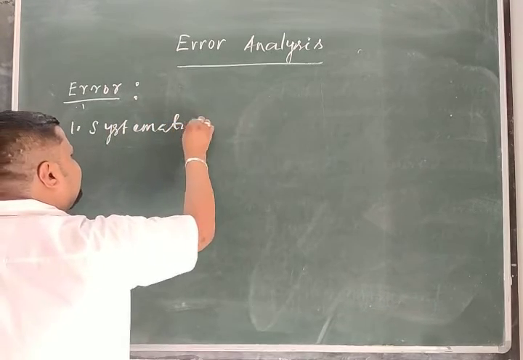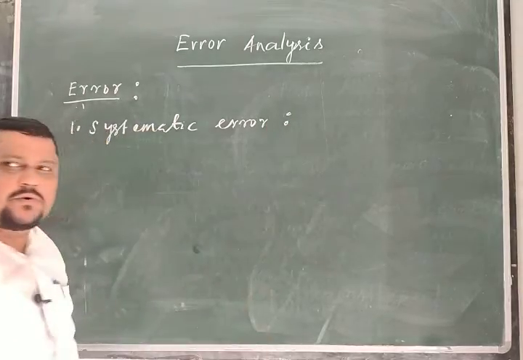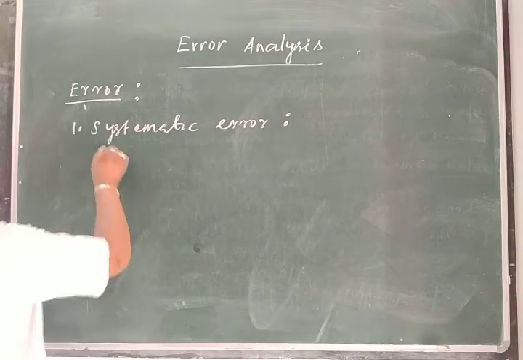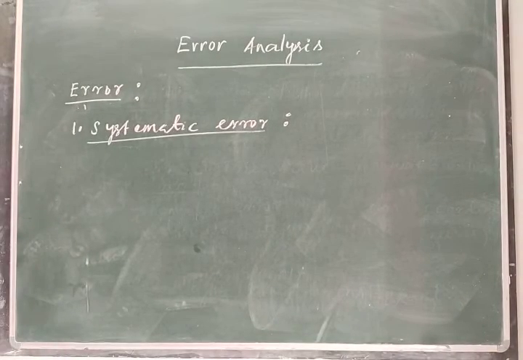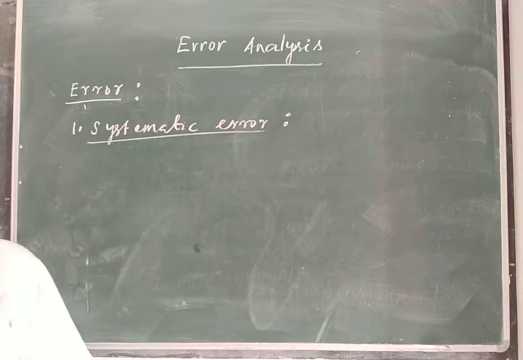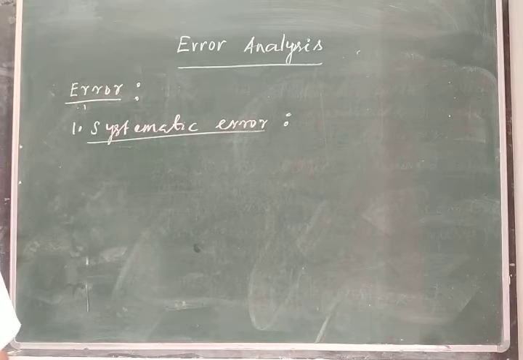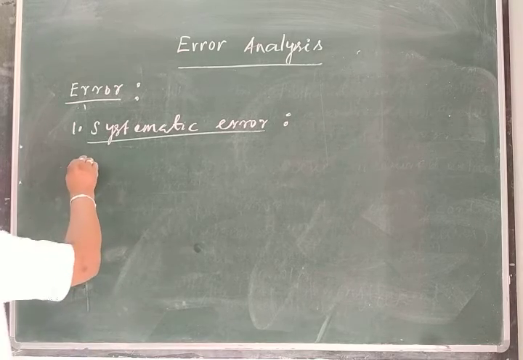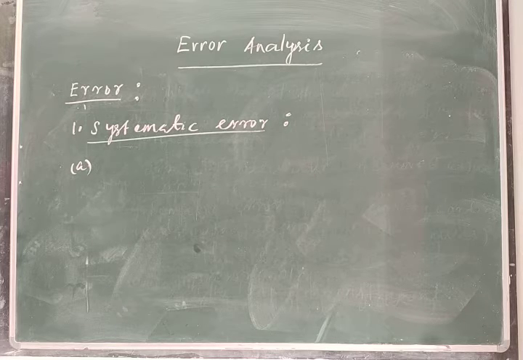What are the reasons for the systematic error? The error comes in a definite pattern, and this is because of known causes, and the causes are like this. One cause of the systematic error is the instrumental error.